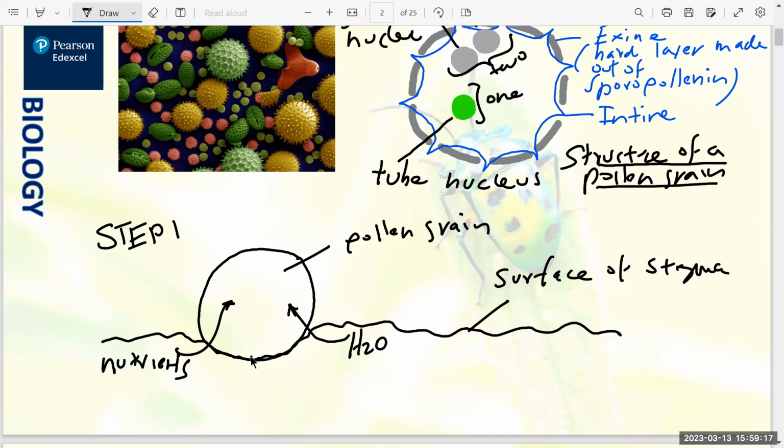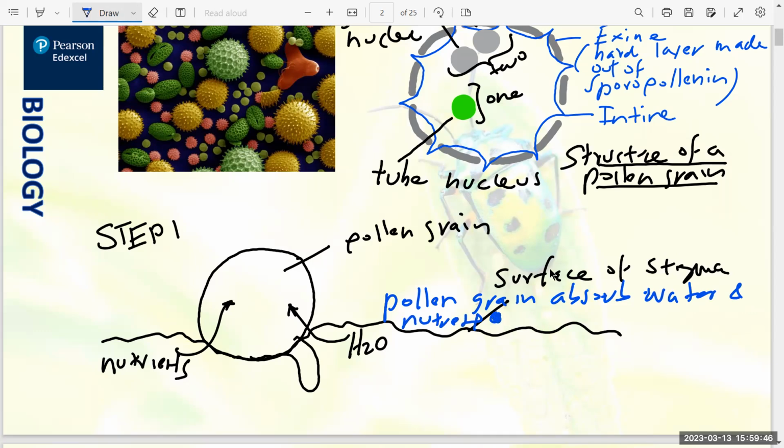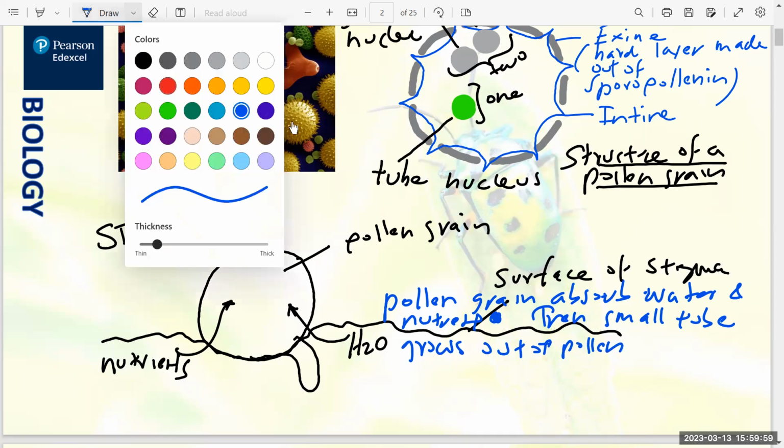After that, there is a small tube growing out of the pollen grain, right? So this is called germination.